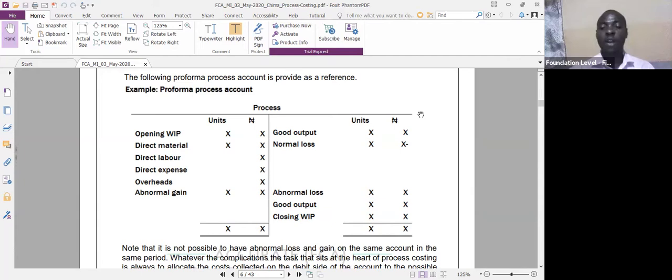But know that it is not possible to have abnormal loss and abnormal gain in the same period. So when you see abnormal loss, you can never get abnormal gain. But it is possible to have normal loss and abnormal gain, or normal loss and abnormal loss. It's possible to have that too, but you cannot have two abnormals in the same period.